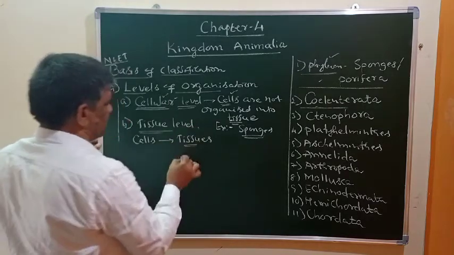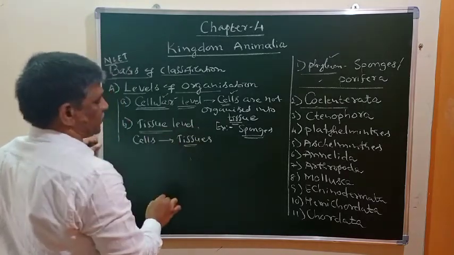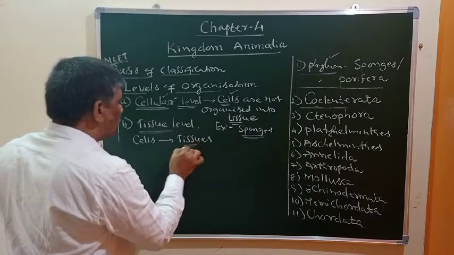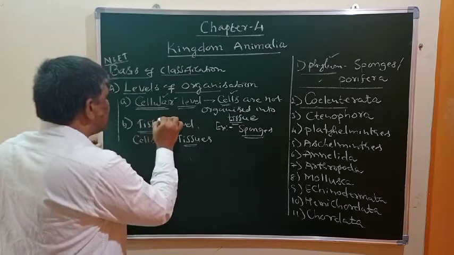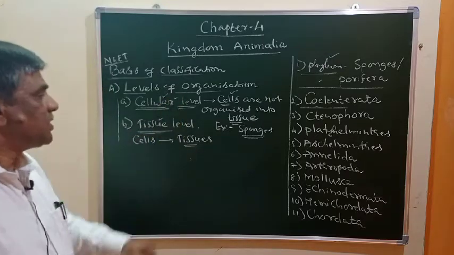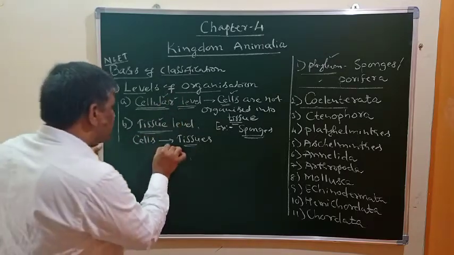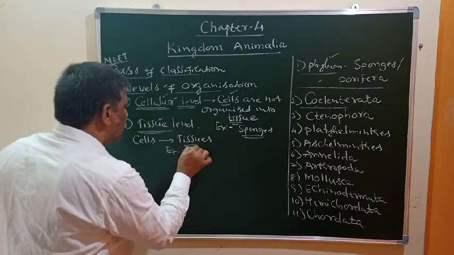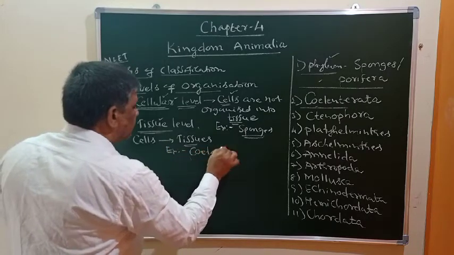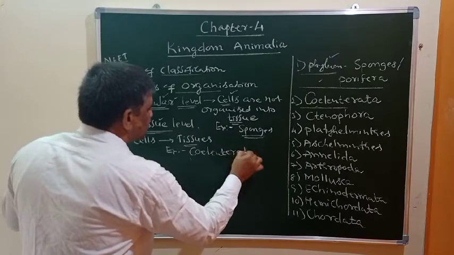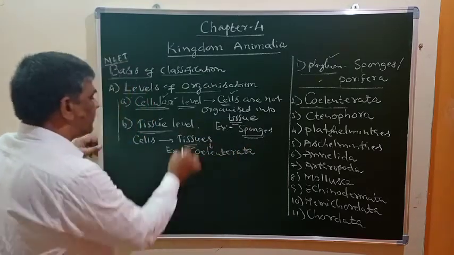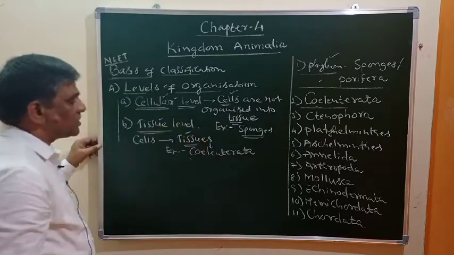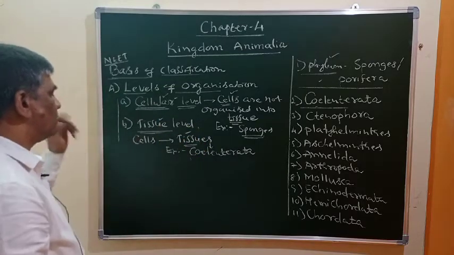But there are no organs here; tissues are not organized into organs. This level of organization is called the tissue level of organization. You can find this in a phylum like Coelenterata. The body has different tissues only, but tissues are not organized into organs.